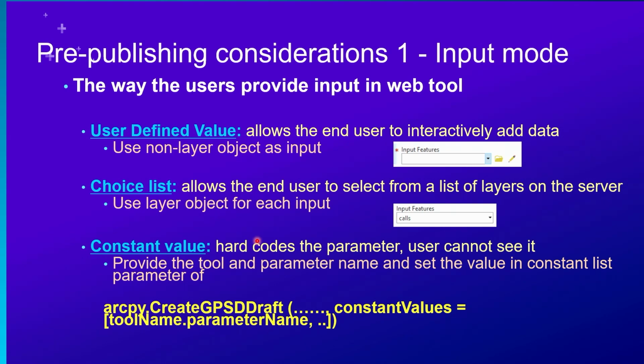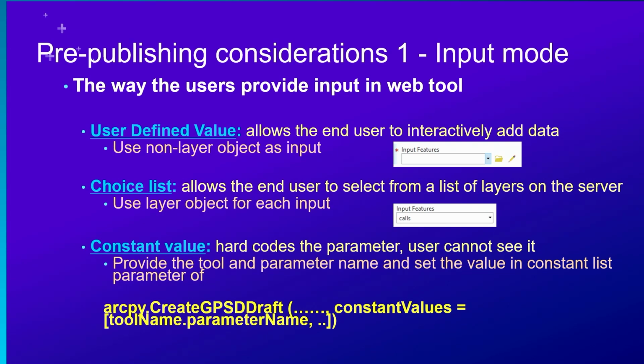If that's the case, you can set the tool and the parameter name for this parameter in the constant values parameter of the ArcPy function that creates the GP service draft, which I will explain in more detail later.